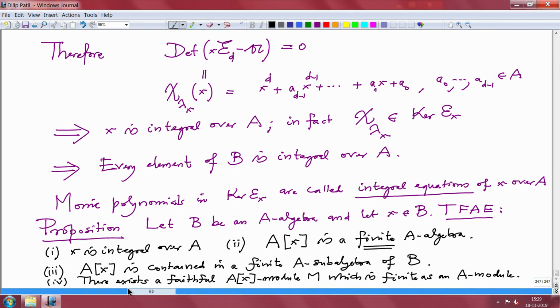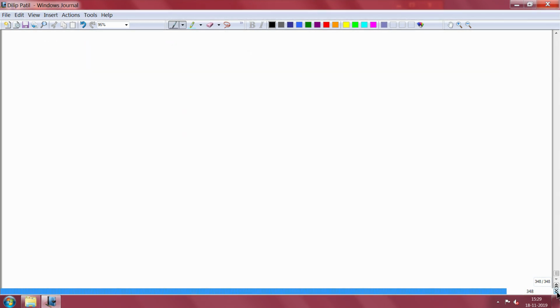So, again let us look at the meaning properly. There exists a module over this subalgebra, and faithful means its annihilator is 0. I will write it on the next page, and when you restrict this module structure of M to A, that is finite as a module over A. So, let me write what faithful means.